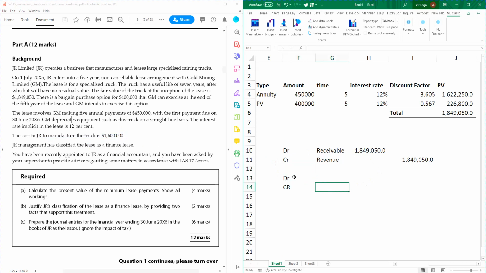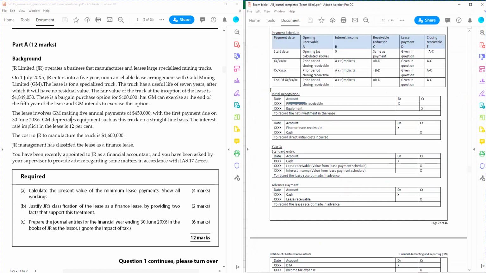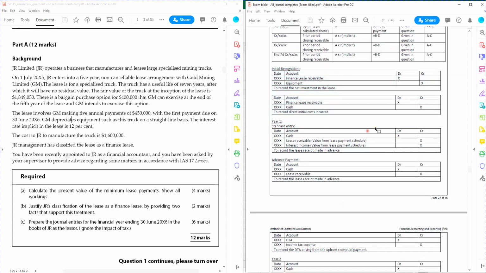So what that means is the cost of goods sold is 1.6 million, and it also means that their inventory is going to go down because they're selling their truck. Okay, so there we have it. We have recognized the receivable in the exact same way that we would have done it for a non-specialized lessor. And then we just go on to the regular journal entries.